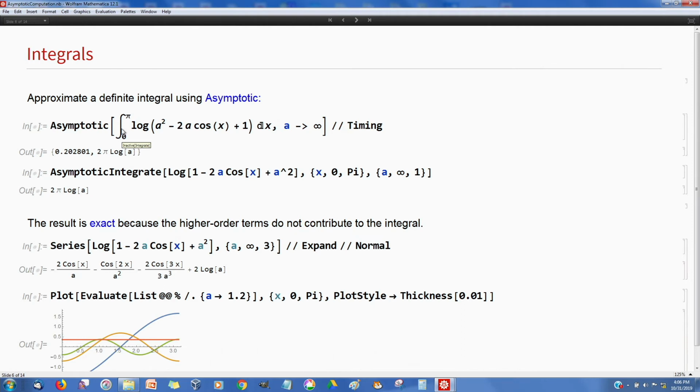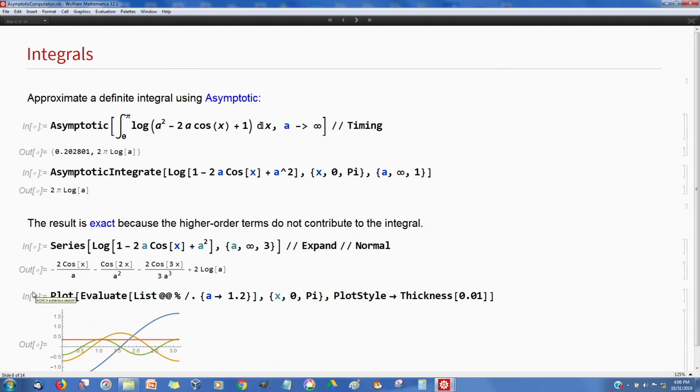And I put it into Asymptotic. And I said, find the asymptotic for me. And in about 0.2 seconds, it gave back the exact answer. Now, of course, you could use NIntegrate for the same thing. But the main point is that in this case, this answer is not just approximate, it actually is exact.